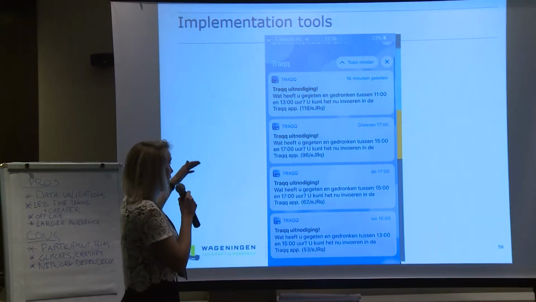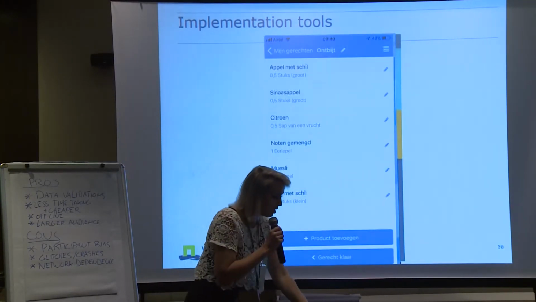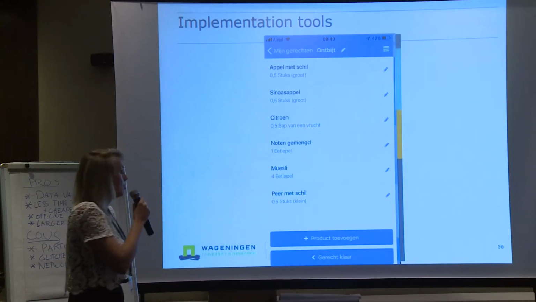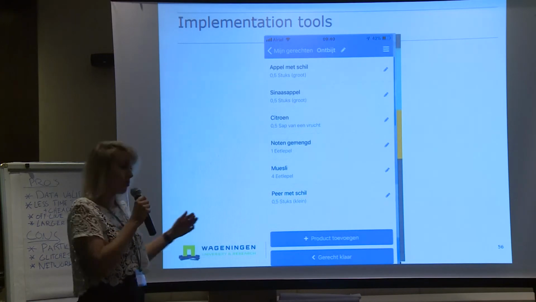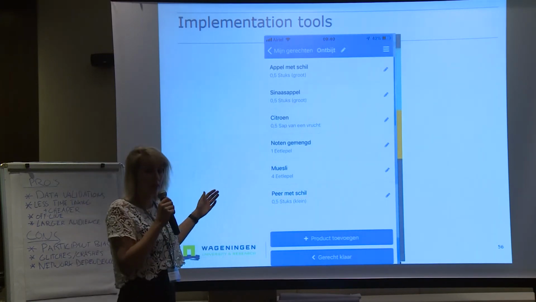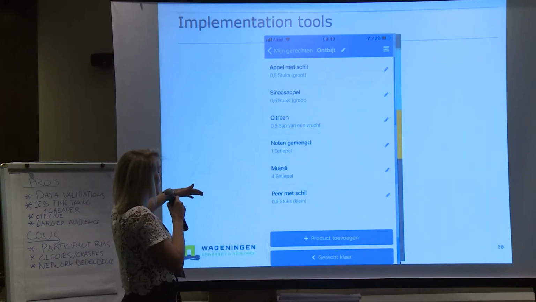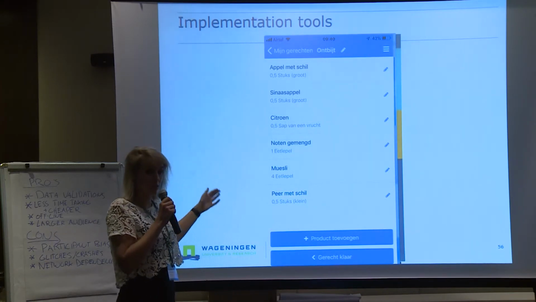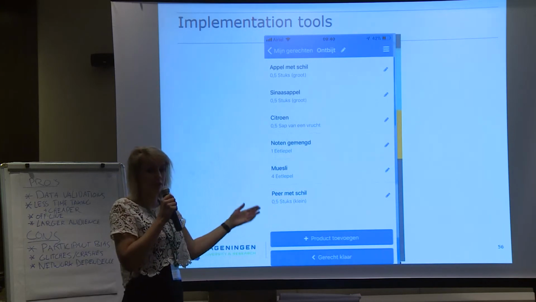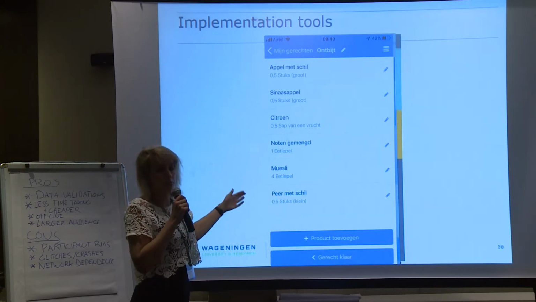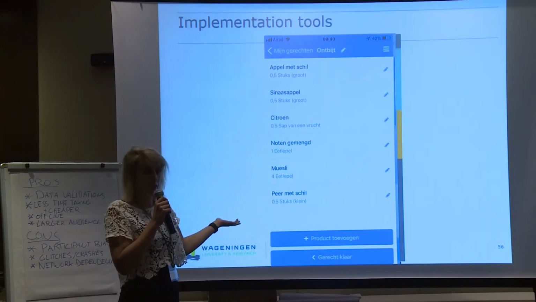It also has different kinds of prompts, but a different way of answering. So it's not in a chat way, but more in a diary way. And this is an example of making your own dishes, what Jos was just talking about, for example for breakfast, so that you can always enter the same breakfast if that's what you usually eat.